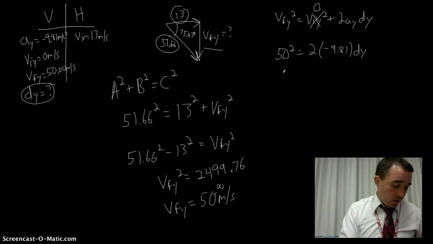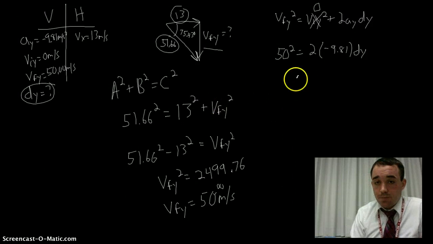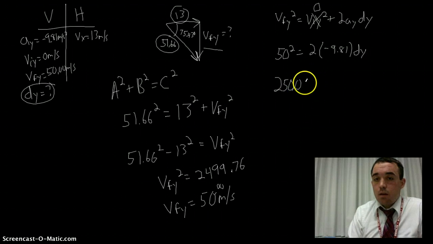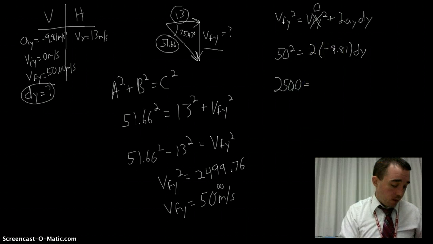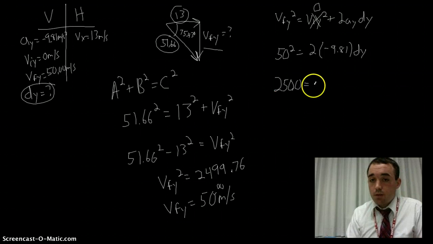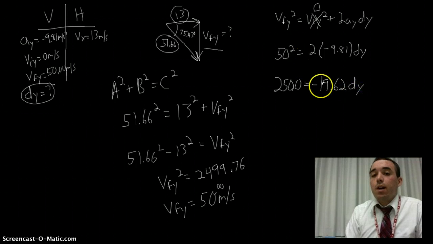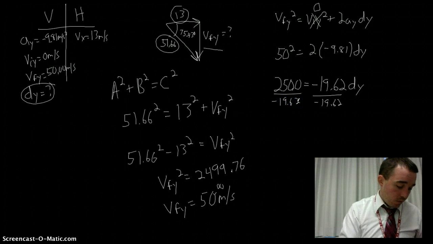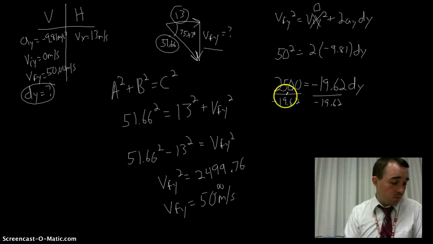So 50 squared is 2500, equals 2 times negative 9.81, negative 19.62, times dy. Trying to solve for dy, so I divide negative 19.62 into both sides, and I get 2500 over negative 19.62.